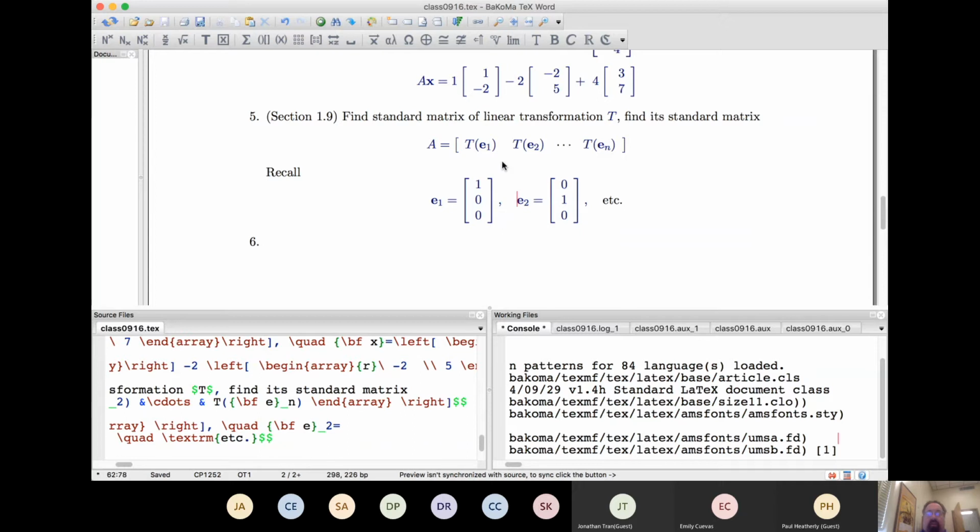So like in some problems, MyLabs actually gives you these. If not, they would describe the linear transformation in some other way. Like it might give a formula for the linear transformation, and then you can apply it to each one of these vectors and get the columns of the standard matrix that way.